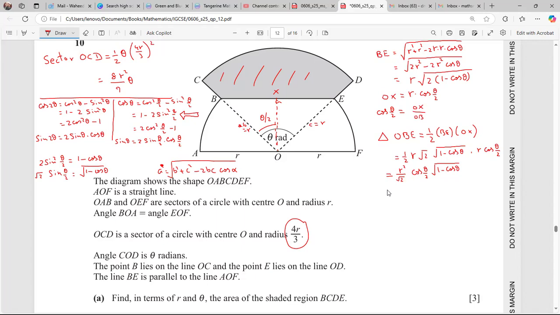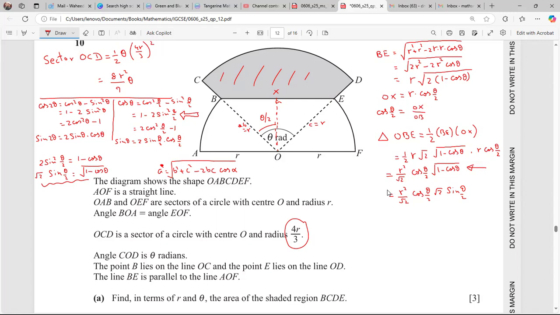So I will replace here R square by under root 2, and this is cos theta by 2, and this will become under the root and sine theta by 2. I've substituted this expression over here.